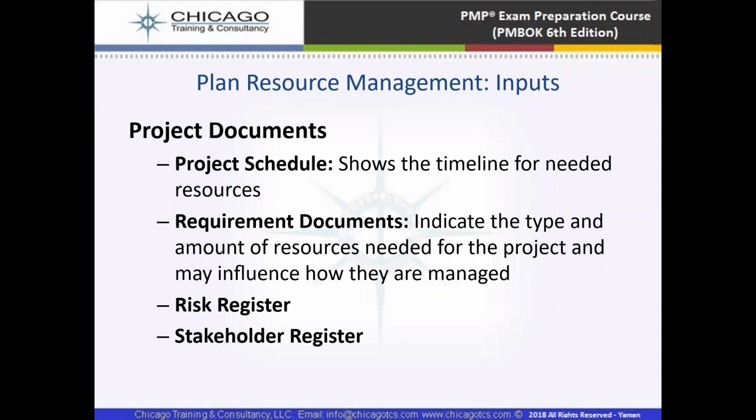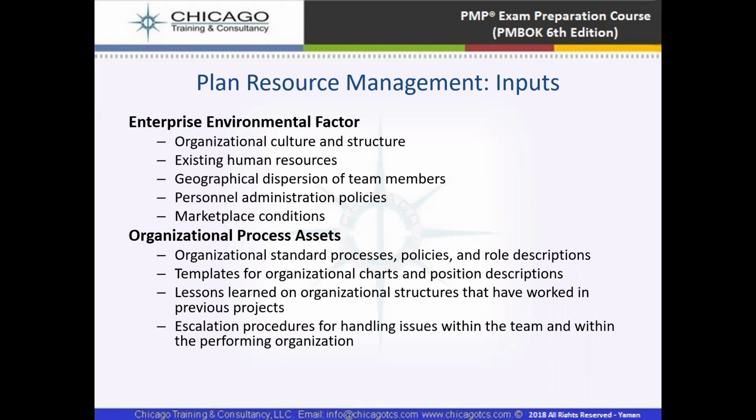And then we also have project documents, like the project schedule and required documents related to resources. Okay, and we have the risk register, and the stakeholder register is also an input. And we have enterprise environmental factors like organizational culture, existing human resources, geographical dispersion of team members, personnel administration policies and marketplace conditions.